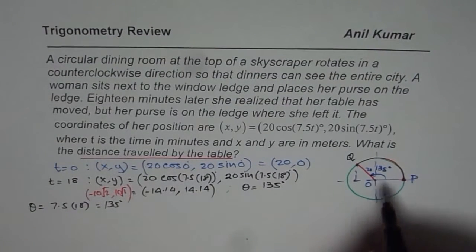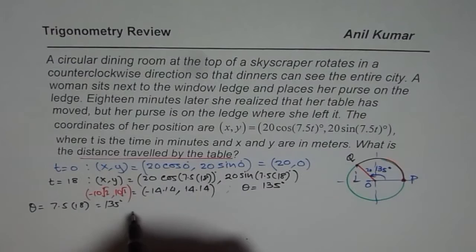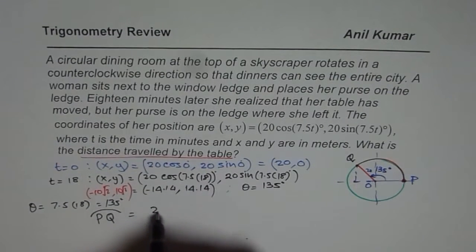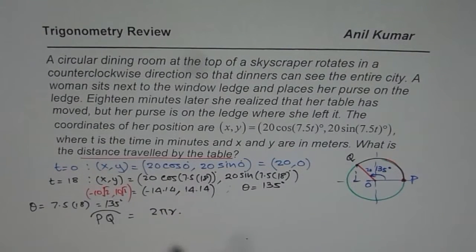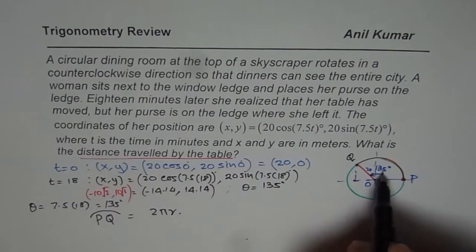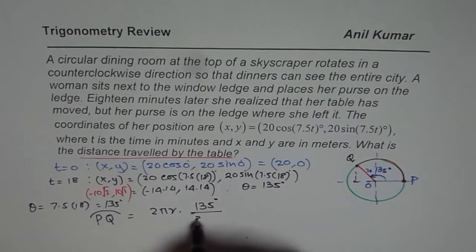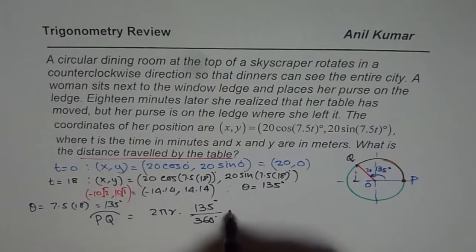Well, the complete circumference is 2πr. Now the arc length PQ should be how much? 2πr is the full circle. Out of that, we have gone through the angle of 135 degrees instead of 360 degrees. So you can use this ratio to find the answer. You get the point? That is what you need to understand.